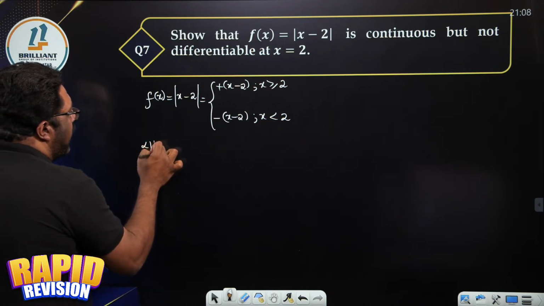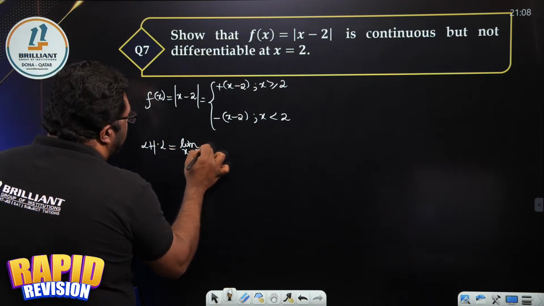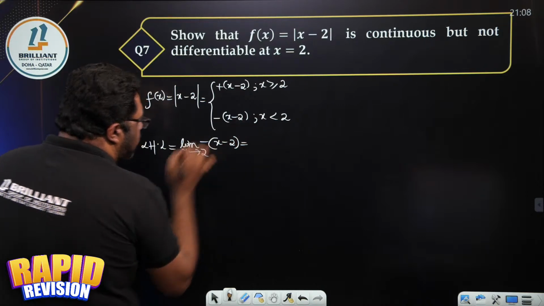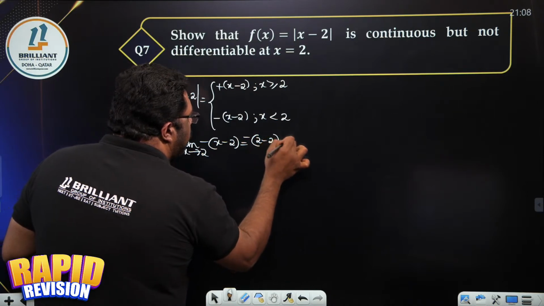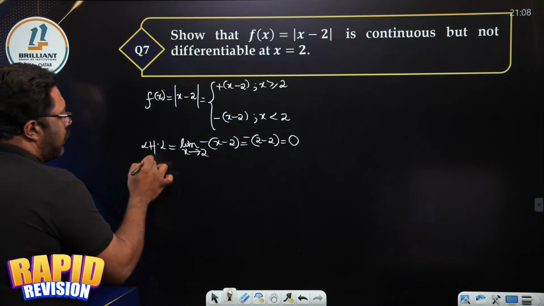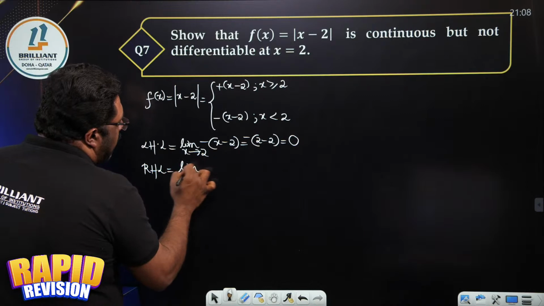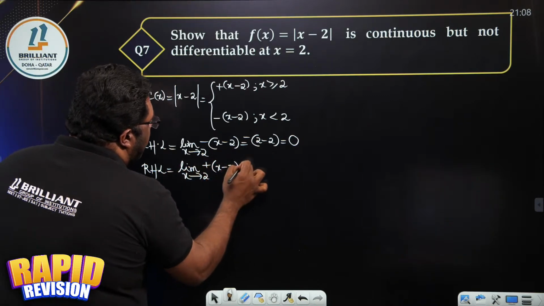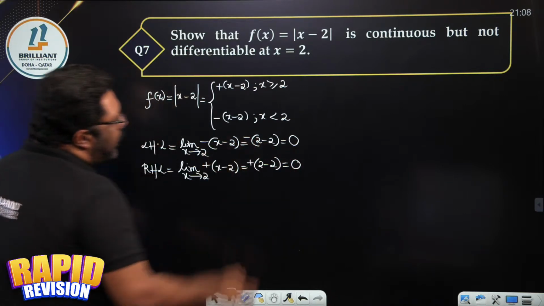So what is LHL? Limit x tends to 2 from the left of minus of x minus 2, which is minus of 2 minus 2, 0. LHL is 0 at 2. RHL, limit x tends to 2 from the right of positive x minus 2, positive of 2 minus 2, which is 0.